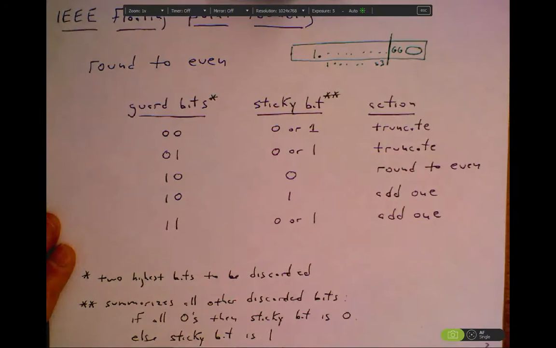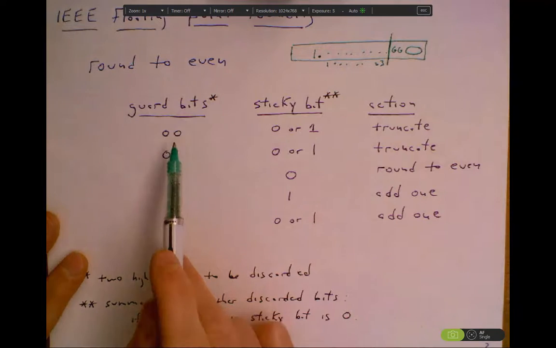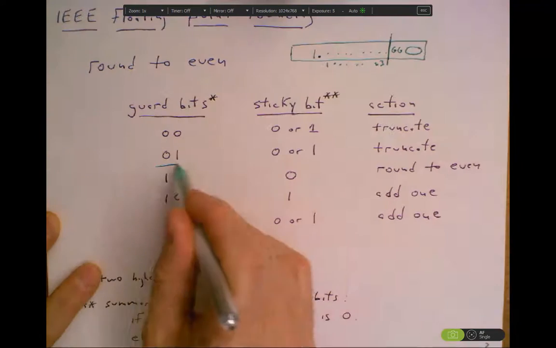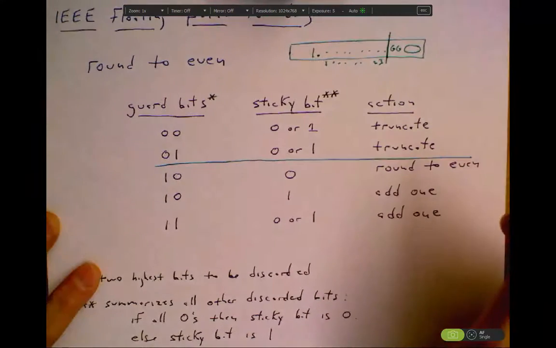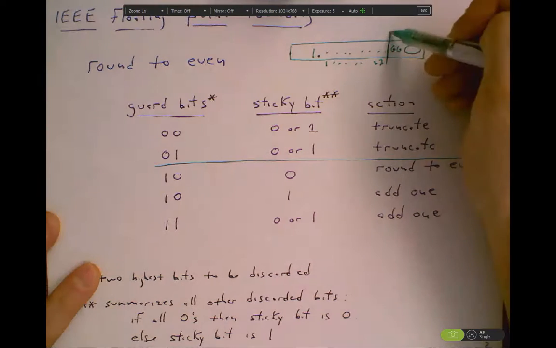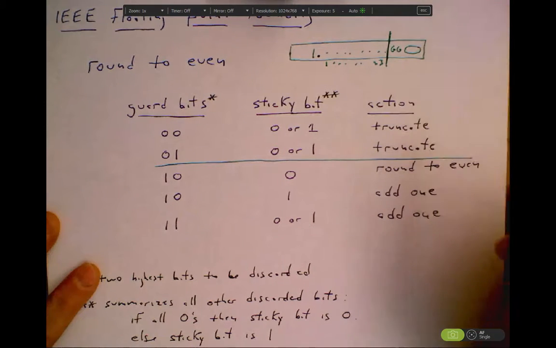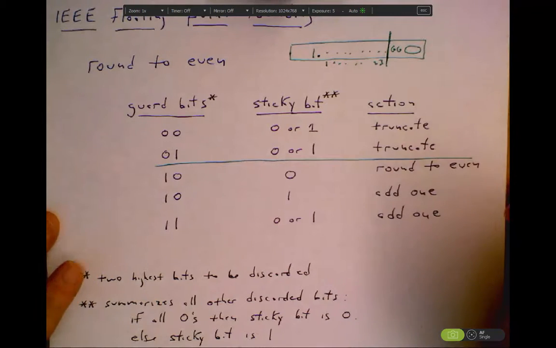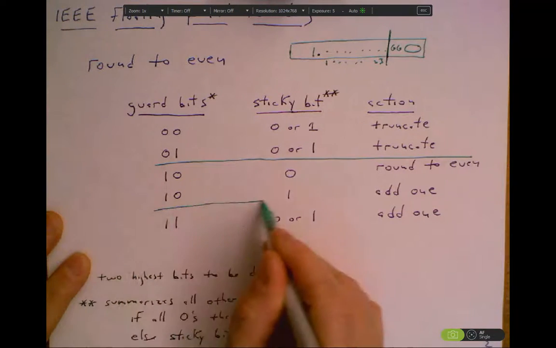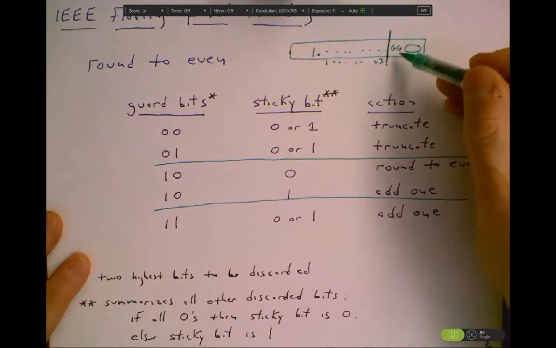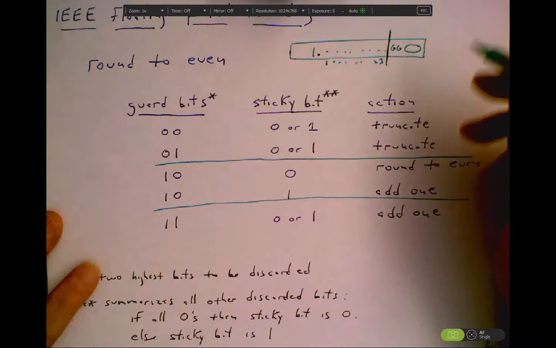Okay, and then round to even means you look at the guard bits, and if the guard bits are 0 0 or 0 1, the sticky bit doesn't really factor in then. You're just going to truncate those extra bits, the bits to the right of this dividing line here. Just going to throw them away and just store these bits as is into the floating point value. Similarly, if the guard bits are 1 1, then we want to round up.